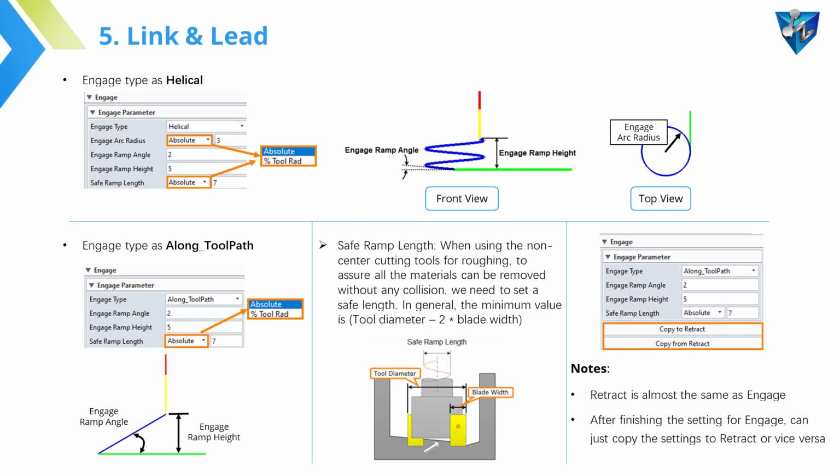Please refer to this image to better understand this parameter. And recheck is almost the same as engage, so we are not going to repeat the introduction. After finishing the engage settings, we can just copy the settings to recheck or vice versa.